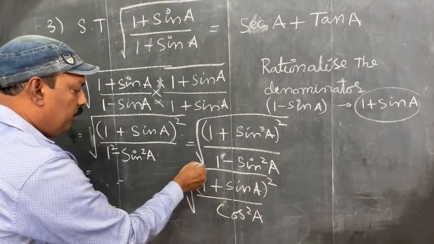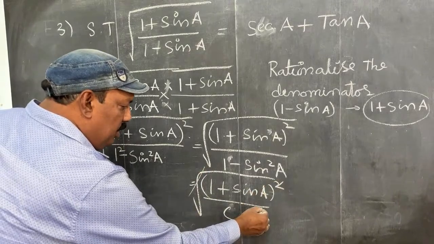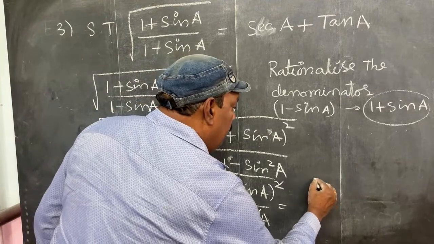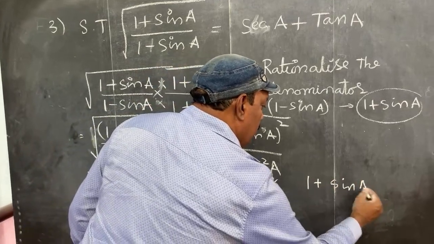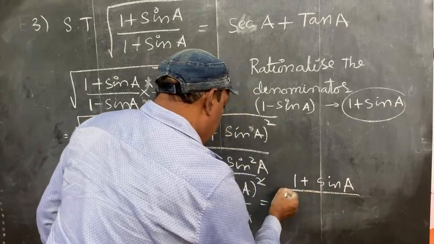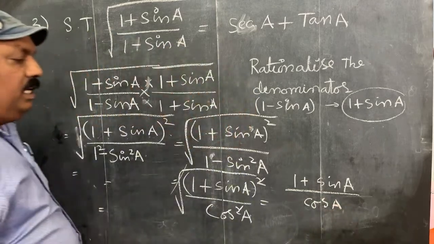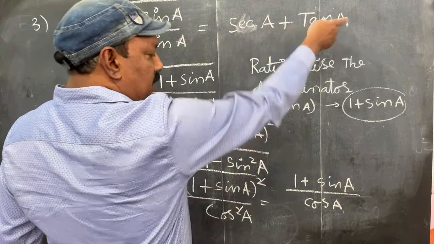Now I am removing the root here. When I remove the root, you lose all the squares. Then what is left over is 1 plus sin A by cos A.